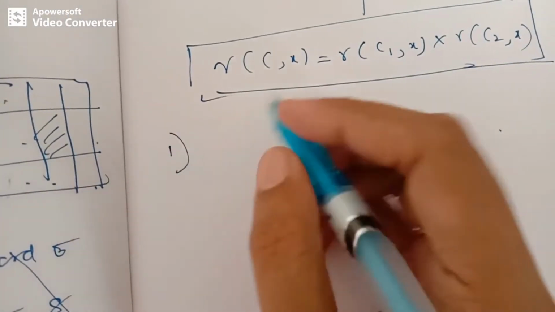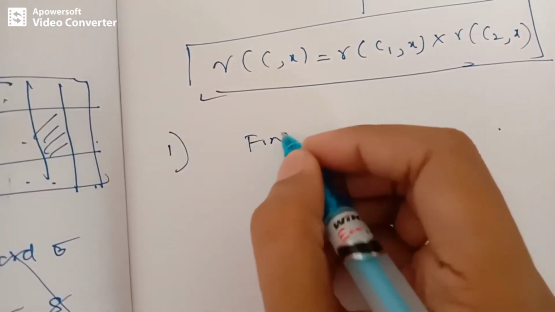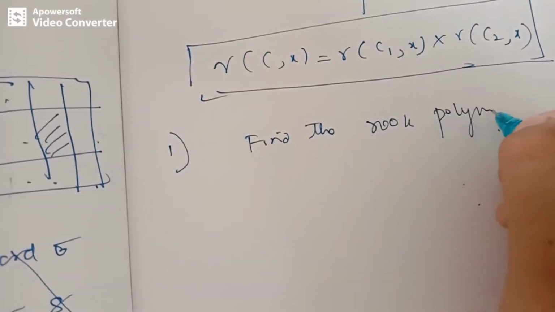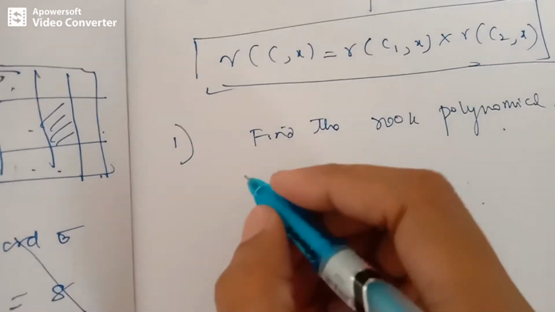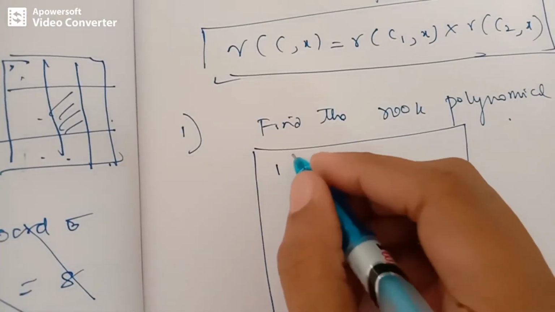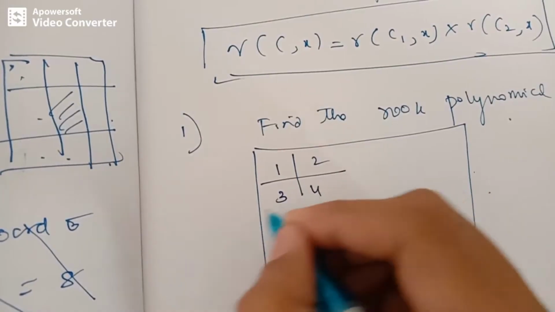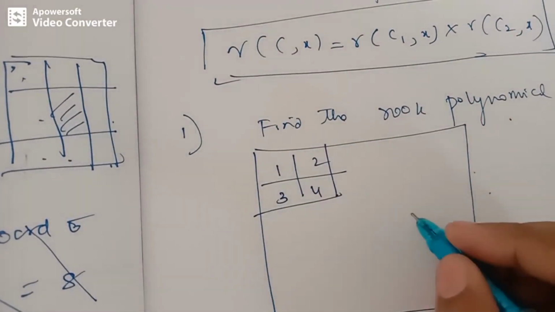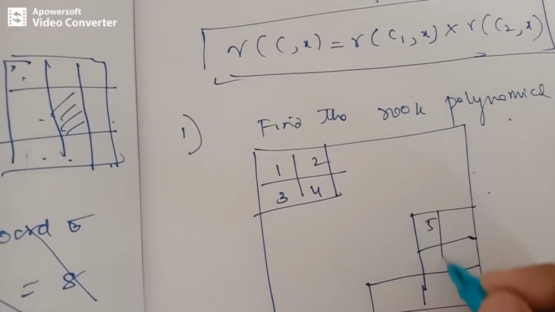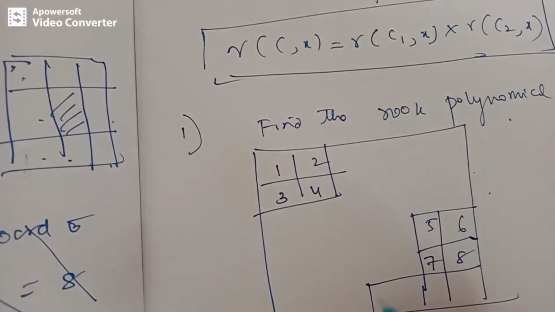Let's take a problem. Find the Rook's polynomial for the given board. So the board is 1, 2, 3, 4, and somewhere you have 5, 6, 7, 8, 9, 10, 11.